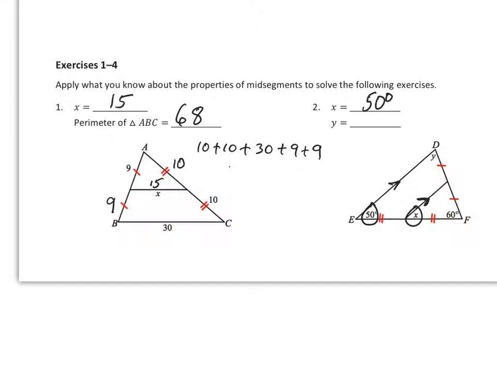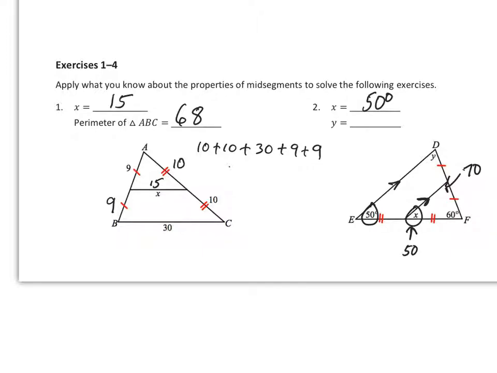Let's write that in, because we have to find this angle to get Y. We have a little triangle here, so we use one of our properties of triangles, which says the angles have to add up to 180. 50 and 60 is 110, so this angle has to be 70.